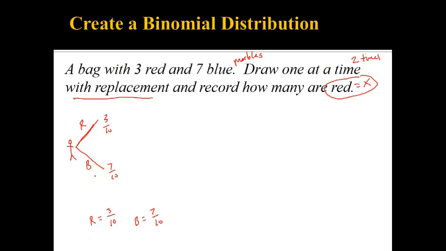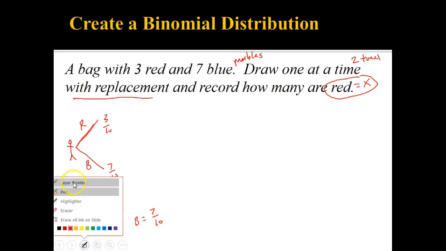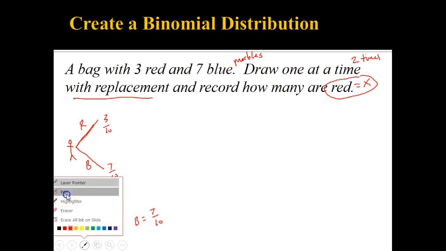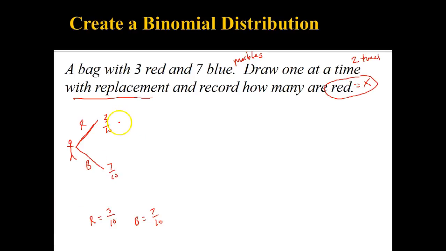Now once you've made that choice, you're either standing here with a red marble, which you're going to put back in the bag, or you're standing here with a blue marble, which you're going to put back in the bag. In either case, you have another draw.